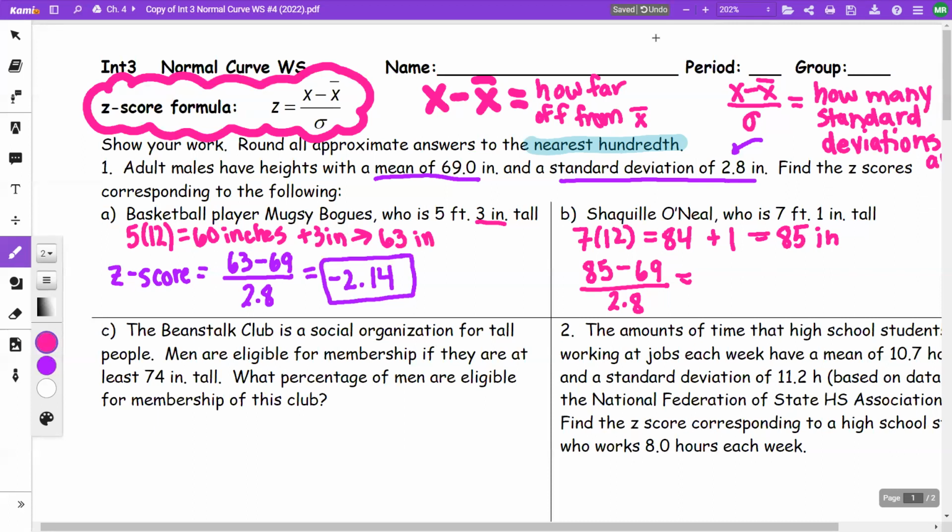And when I do that, let me just do that math. Hold on, I'm putting the wrong amount on my calculator, sorry. I end up with 5.71 standard deviations. Okay, that's his z-score. So if something's normally distributed, most of the data is within 3 standard deviations. So he's outside of that. Okay, which makes sense because Shaquille O'Neal's pretty tall.